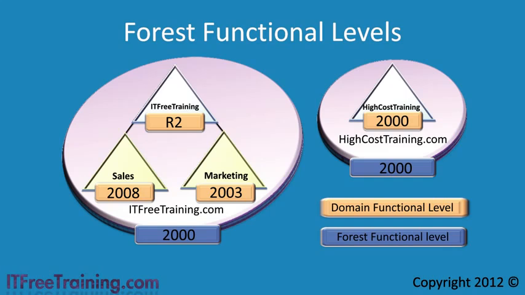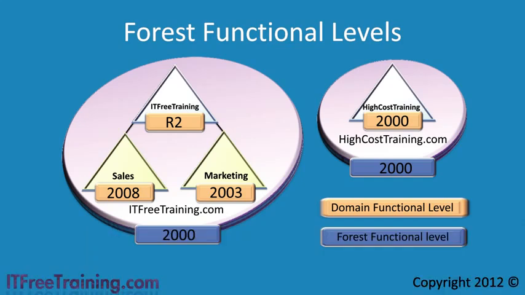In this example, the IT free training domain is at the Windows Server 2008 R2 domain functional level, since IT free training likes to be at the forefront of technology. The sales domain is at the Windows Server 2008 domain functional level. The marketing domain is at Windows Server 2003 domain functional level.